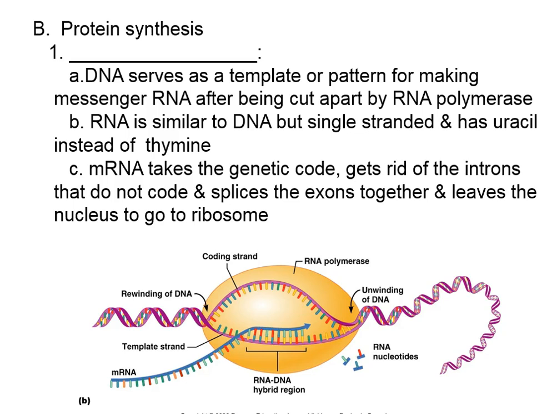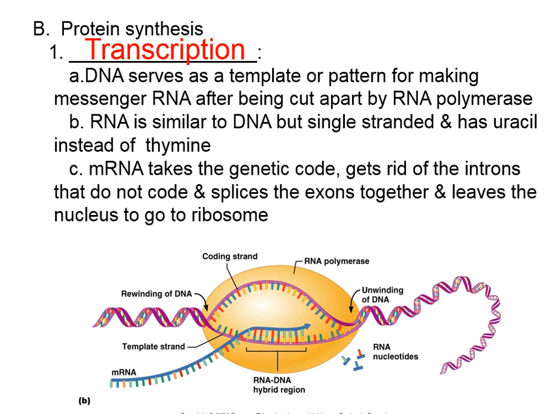RNA is similar to DNA but single-stranded and has uracil instead of thymine. Messenger RNA takes the genetic code, gets rid of some introns that do not code, splices the exons together, and leaves the nucleus. So the first thing we're going to do is called transcription. We're going to transcribe the message from DNA to RNA. So we make this long strand of messenger RNA. Well, some of the code is just nonsense.